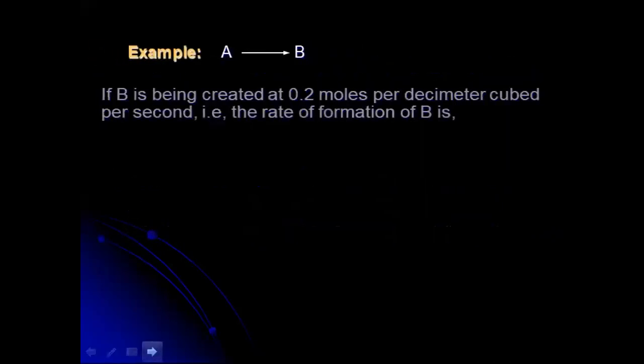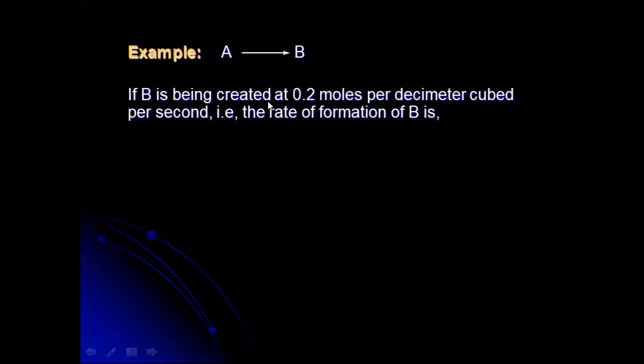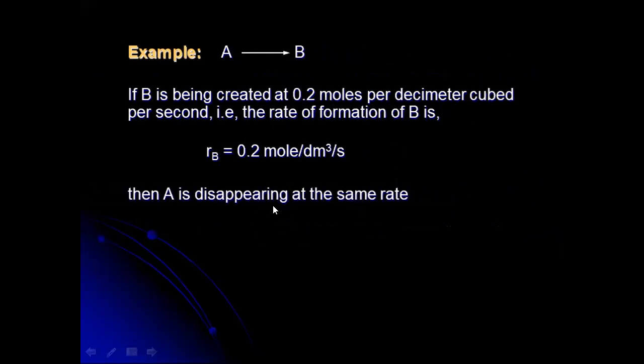You have this example. If B is being created at a rate of 0.2 moles per decimeter cube per second, that is the rate of formation of B. Since we're talking of B, it is positive, 0.2 mole per decimeter cube per second. Now, A is disappearing at the same rate because you see there's a 1-to-1 relationship between A and B in our chemical reaction, in our stoichiometry.